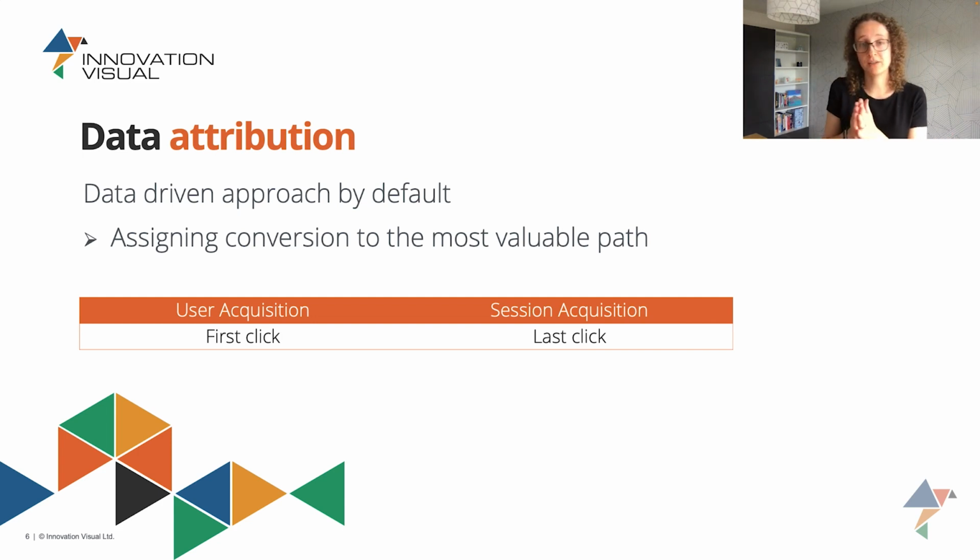The session acquisition is going to use last click. So here it will attribute all the conversions to the last click. So it's very important when you look at these reports to understand this, because it will change the way you get insights from it, and it will change the way you make good decisions.